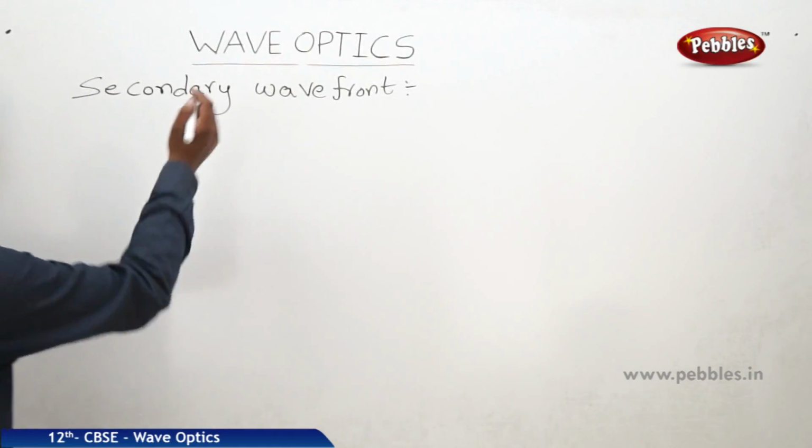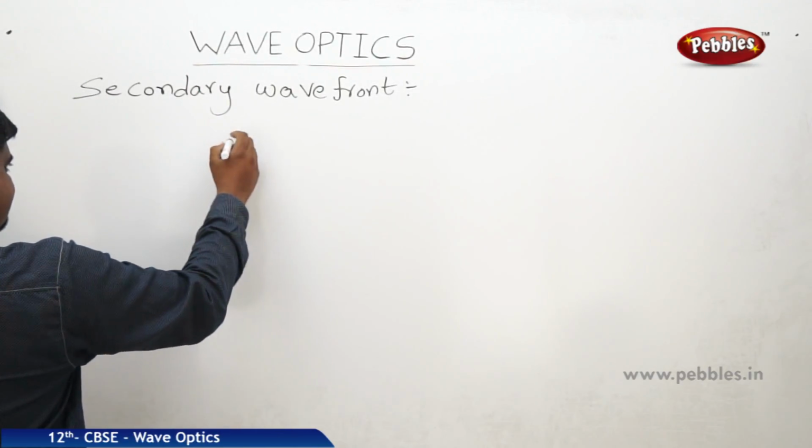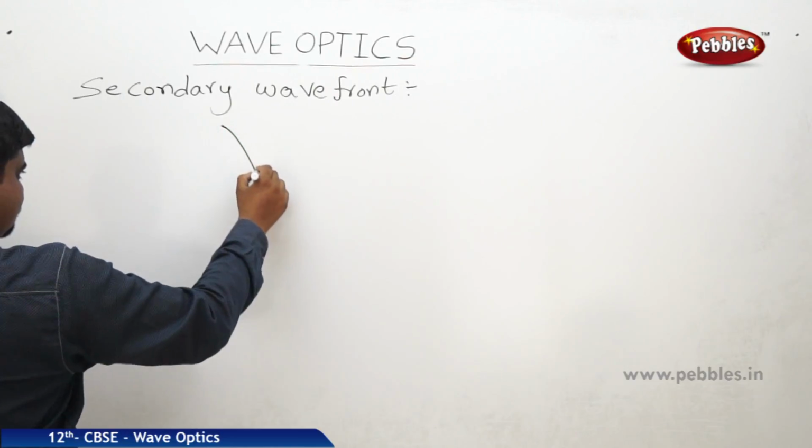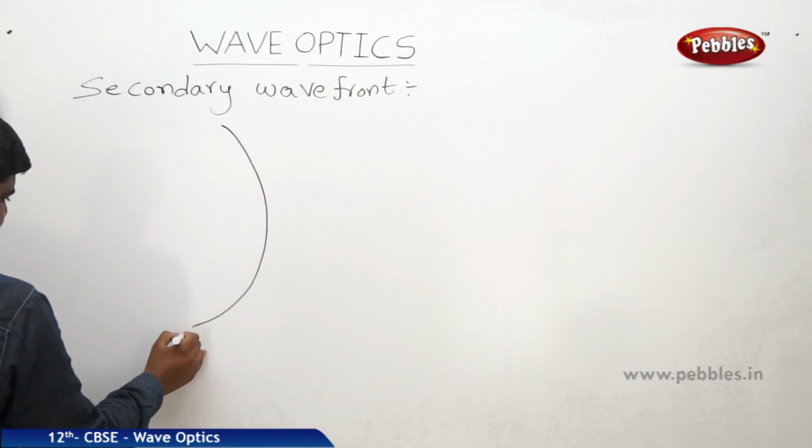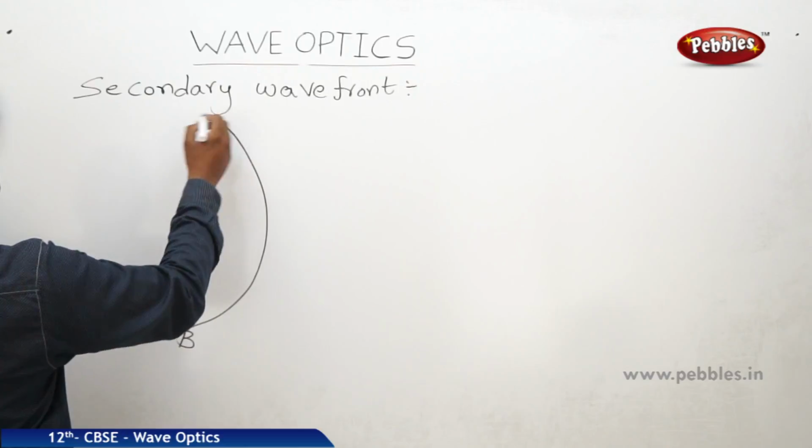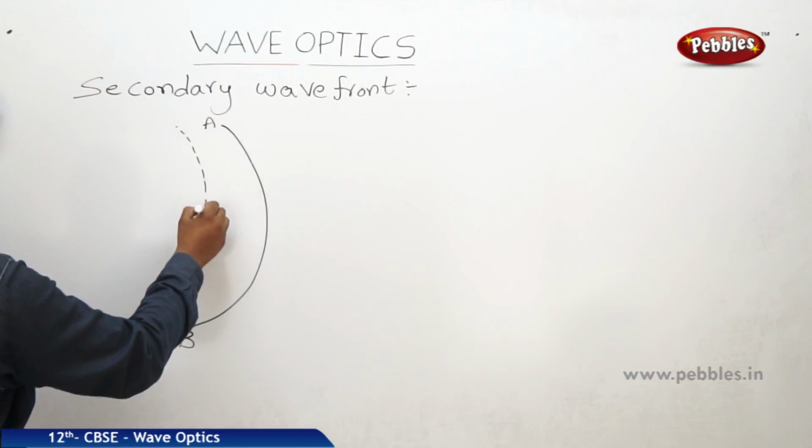Now what is the shape of the secondary wavefronts? Like this. B, A, around it B dash, A dash.